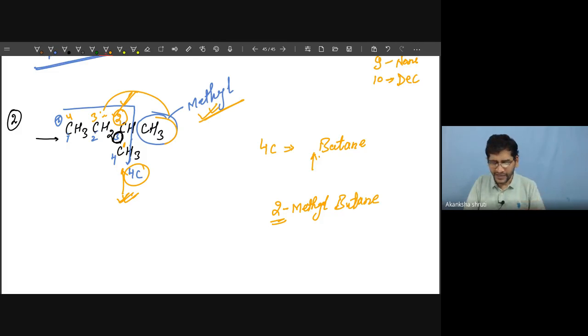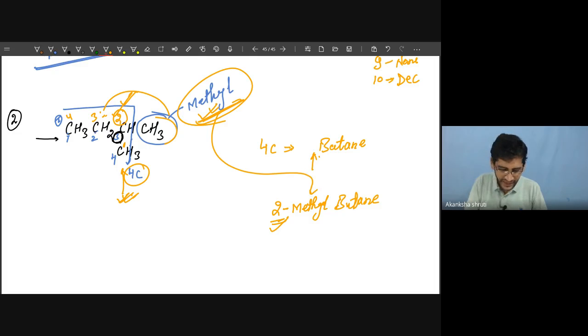So make it a habit: put the position number of the prefix, then the prefix itself, then whatever the functional group or the longest carbon chain is. It is single carbon bond, so alkane, so ANE is there, and 4 carbon in this chain, so butane. So 2-methyl butane is the correct name.